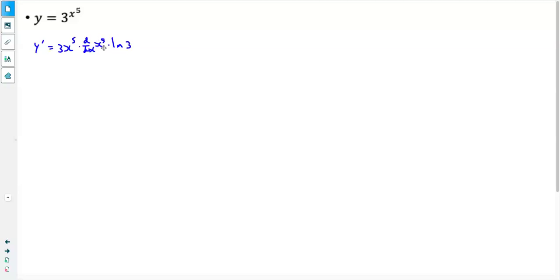Now, the derivative of x to the power of 5 is 5x to the 4, so we've got 5 times 3 gives us 15.